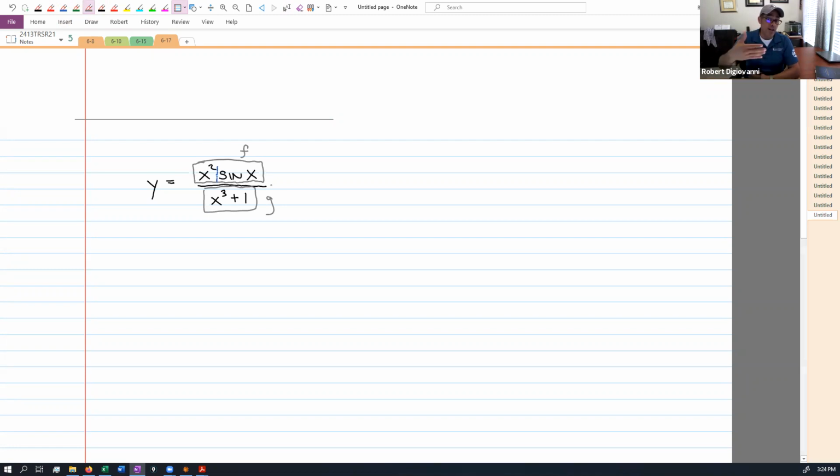Now in the numerator you have a product, but we'll get to that. The big thing is to see that we have a quotient. So if I want to know the derivative of y, I must apply the quotient rule, which is f prime times g minus g prime times f, all over g squared. That's ultimately the big picture of what's happening here.